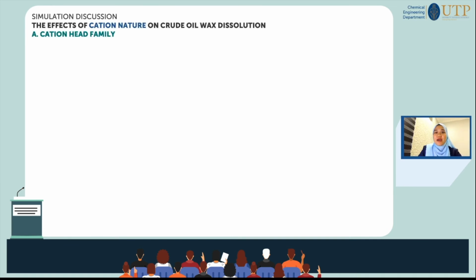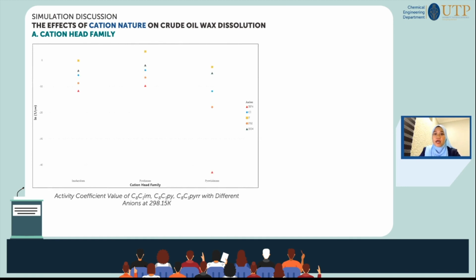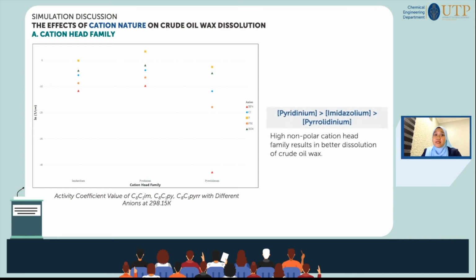Next is the effects of cation nature on crude oil wax dissolution. First is cation head family. So, a graph of activity coefficient for C8 imidazolium, C8 pyridinium, and C8 pyrrolidinium is plotted. And it can be seen that pyridinium has the lowest activity coefficient, followed by imidazolium and pyrrolidinium.